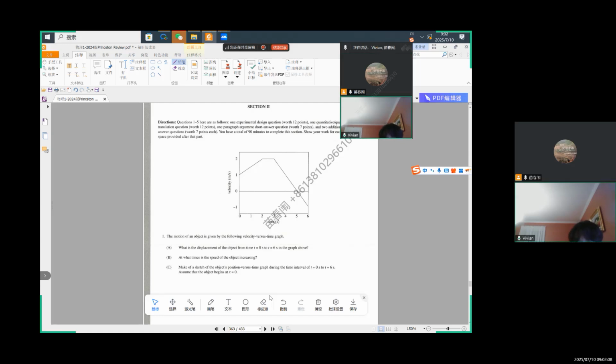What is the displacement of the object from time 0 to time 6? Velocity over time. This is just find the area, and like dividing.